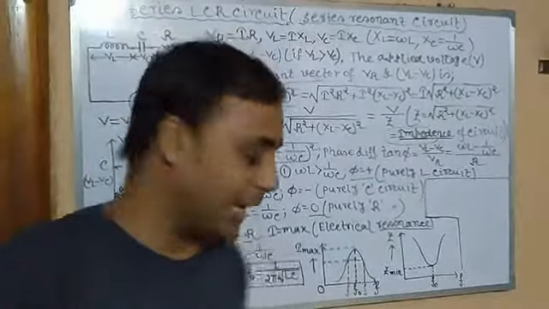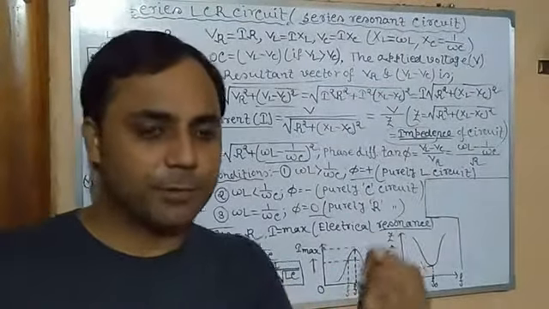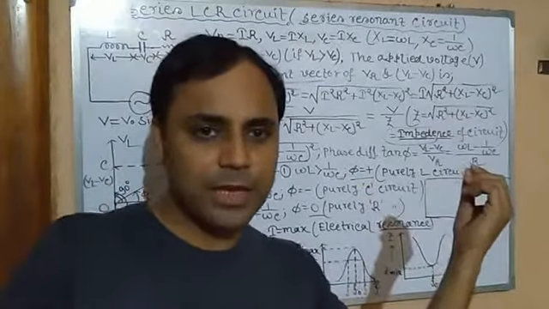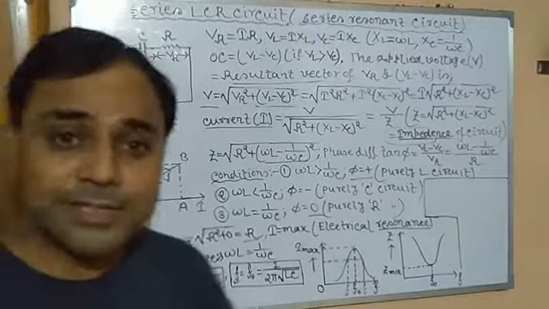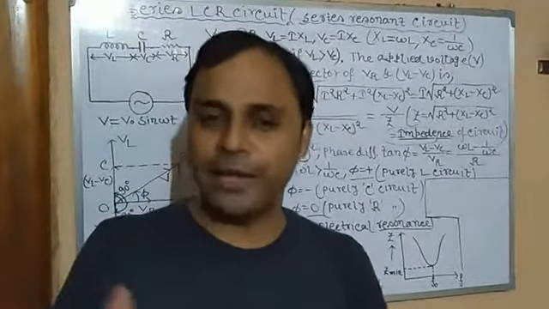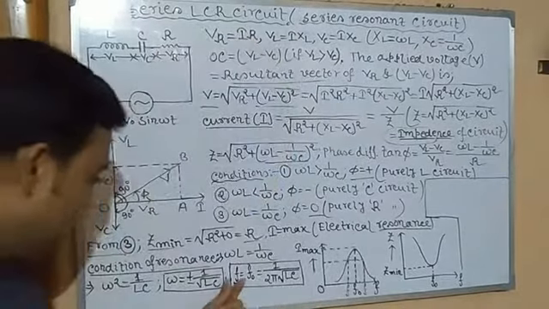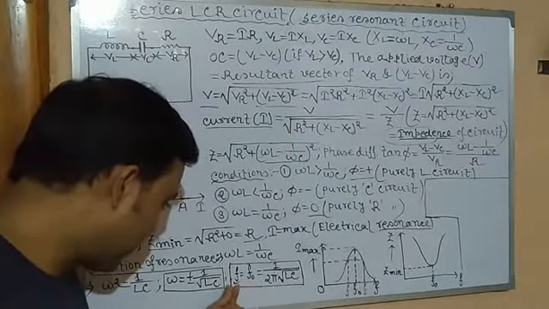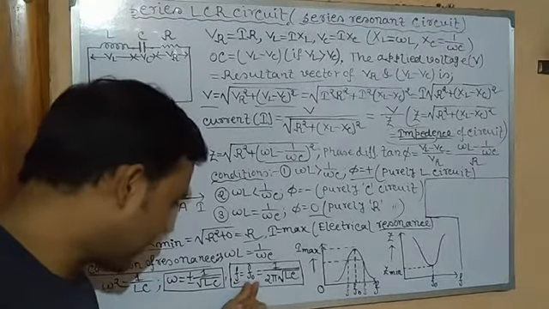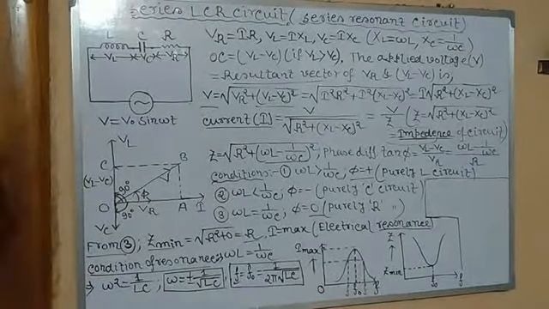We may assume F as the frequency of the external applied force, and F0 as the frequency of the circuit, meaning the frequency of the vibrating body. Just compare all these, they are very similar: external applied force, frequency of the vibrating body, frequency of the applied voltage, frequency of the circuit. When these match, 1 by 2 pi root LC, then resonance occurs.